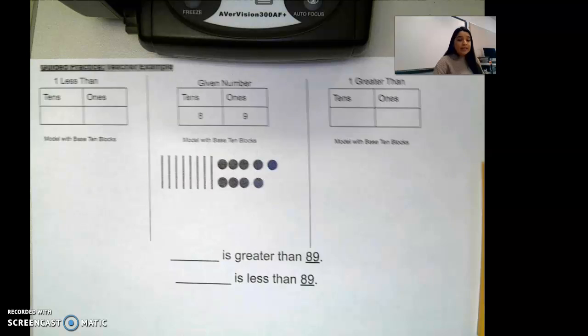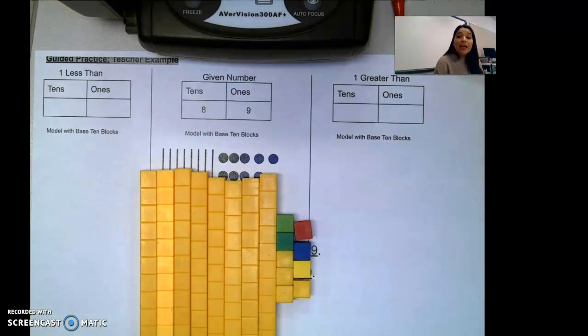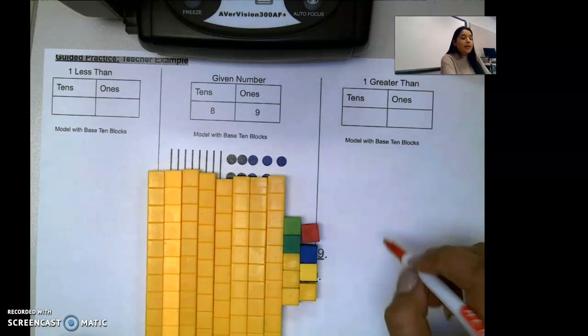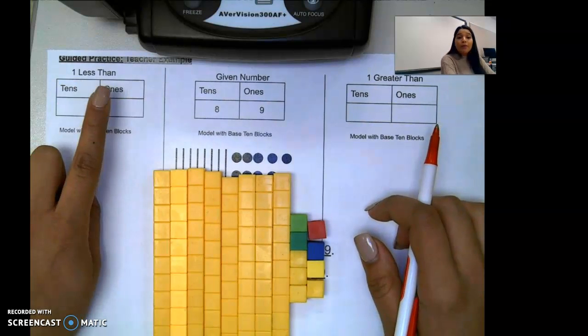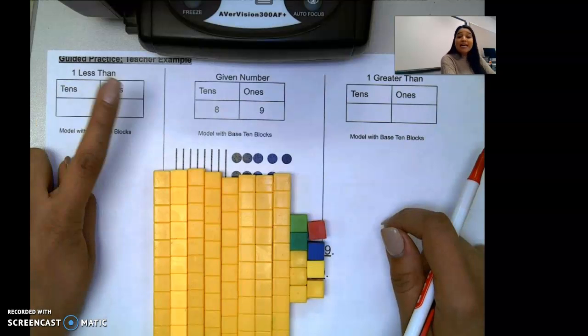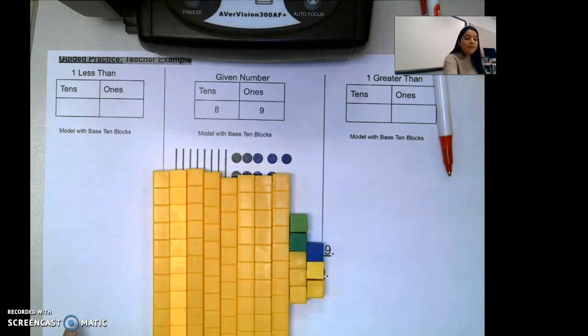89. Let's get some 10 blocks for 89. So I have 89. So I'm going to start off with my 1 less this time. So if I take away 1, let's take away 1 for my 89.